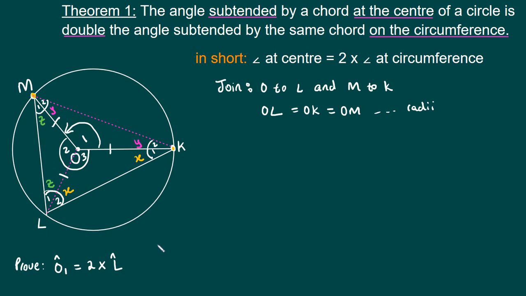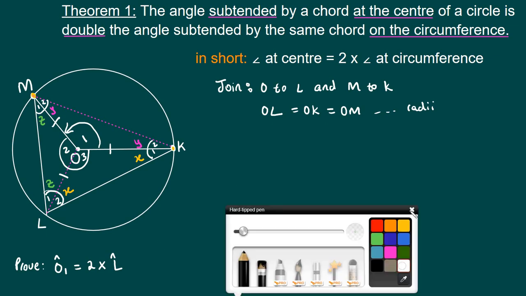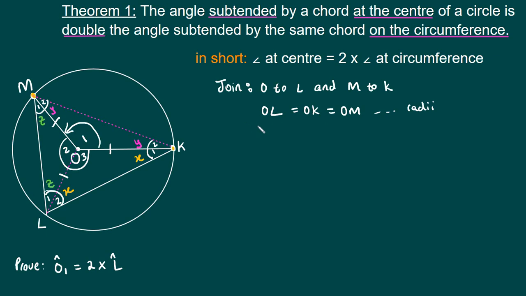Beautiful. Now you're going to tell the examiner that I have those things. So you're going to say let angle L2 be equal to angle K1, and both are going to be X. Why are you saying that?